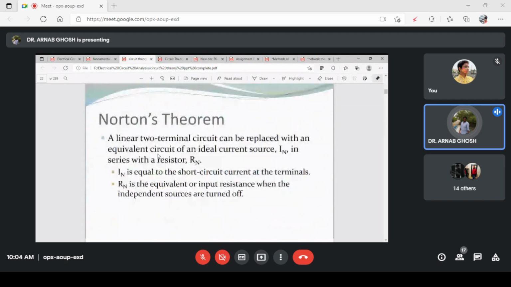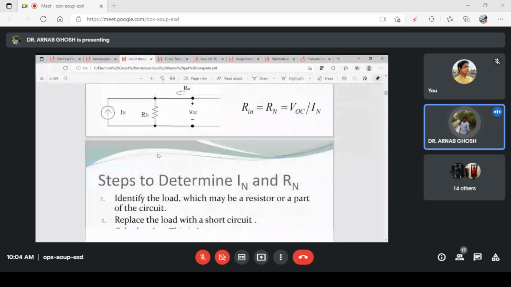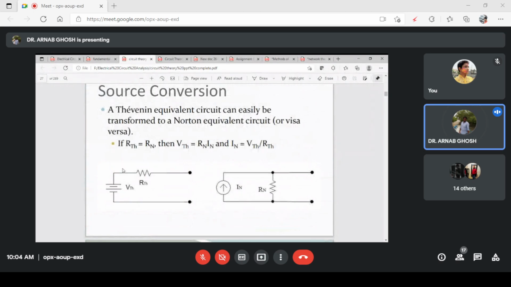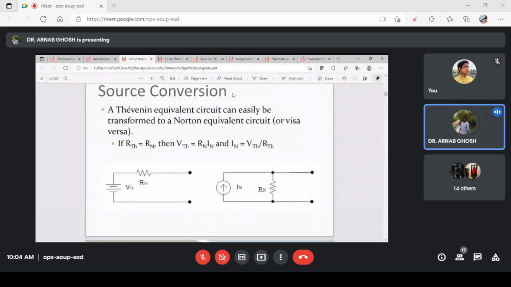This is the equivalent circuit for Norton's theorem. Now I will explain the duality. You had this circuit as the Thevenin's equivalent circuit, right? You had to just connect the load resistance here. Similarly, here you had to connect the load resistance.